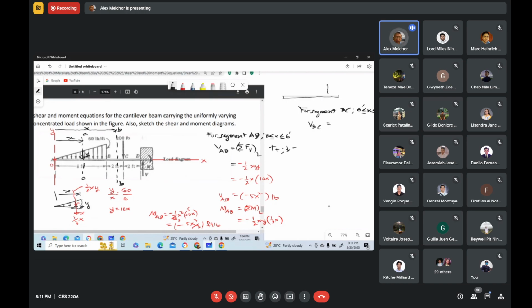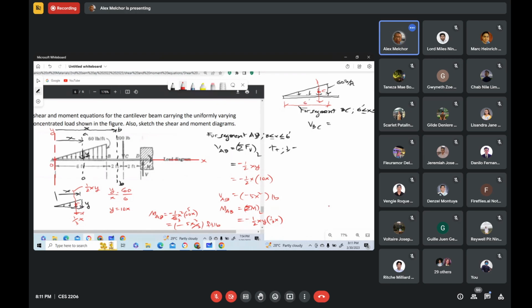We have this left portion of the section. This is 60 pounds per foot, and we have this resultant force that is acting right here. This is the resultant acting at the center, and the resultant force is equal to the area of that triangular loading.